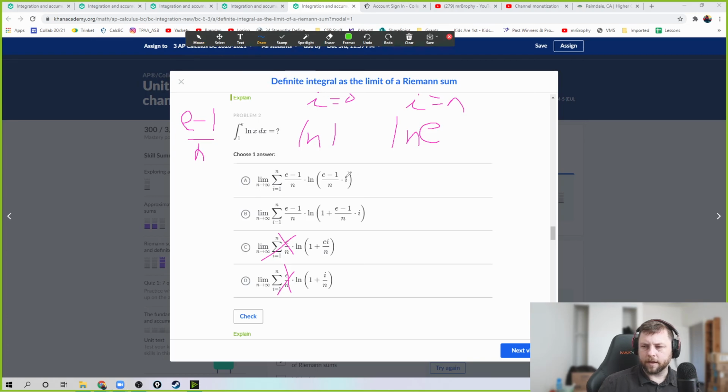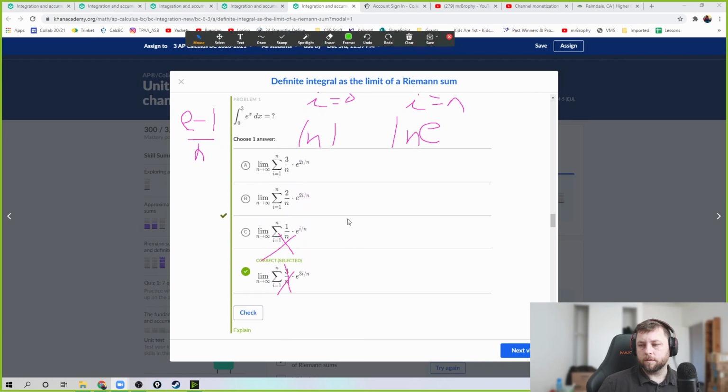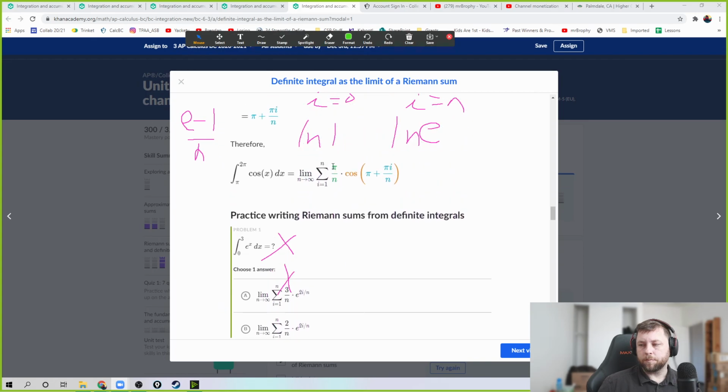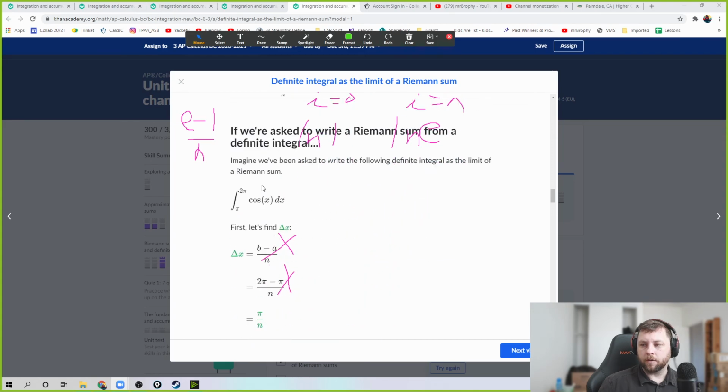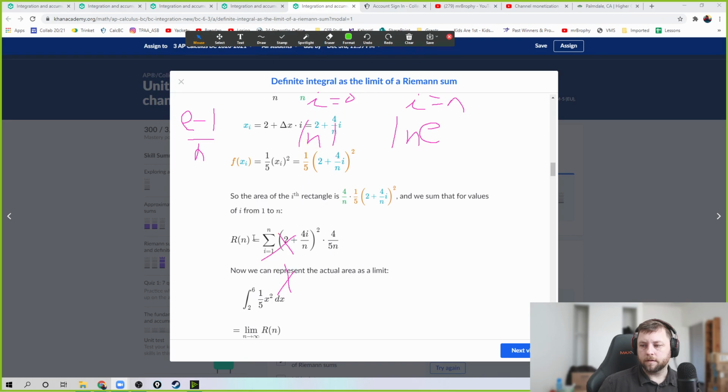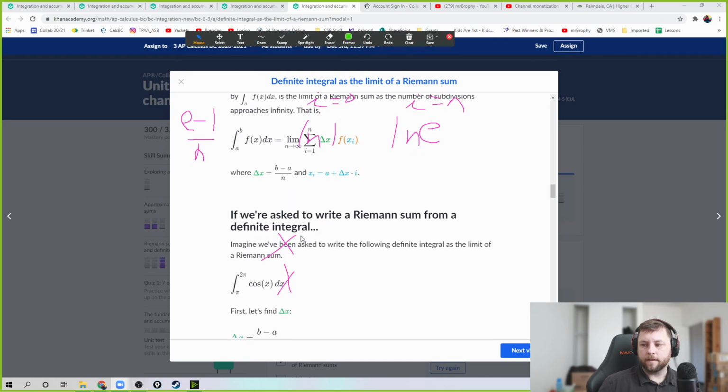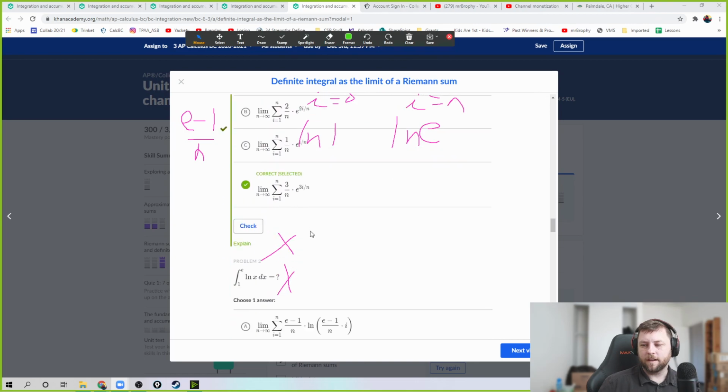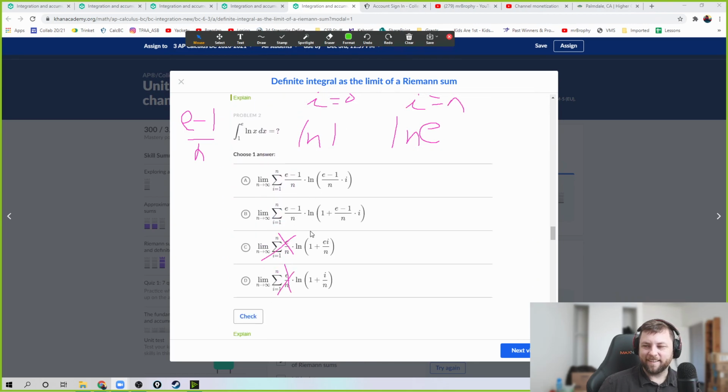If I plug in 0, I get 0 here. Oh wait, it hasn't been 0. It's been 1, because we start at 1 when we do that counting. 1 to n. Yeah. It's technically starting with 1.